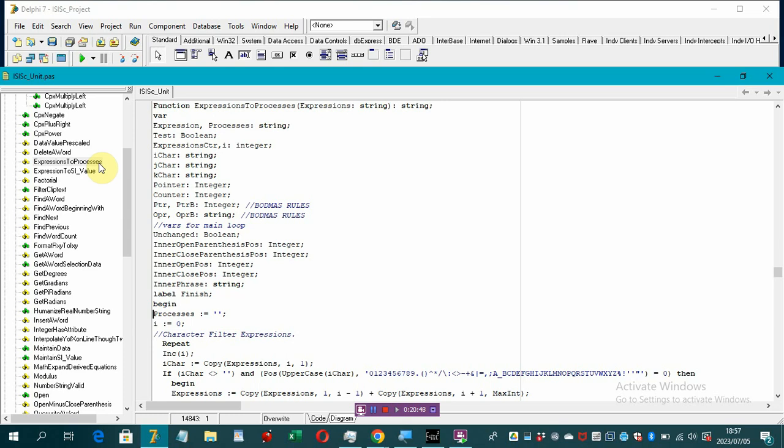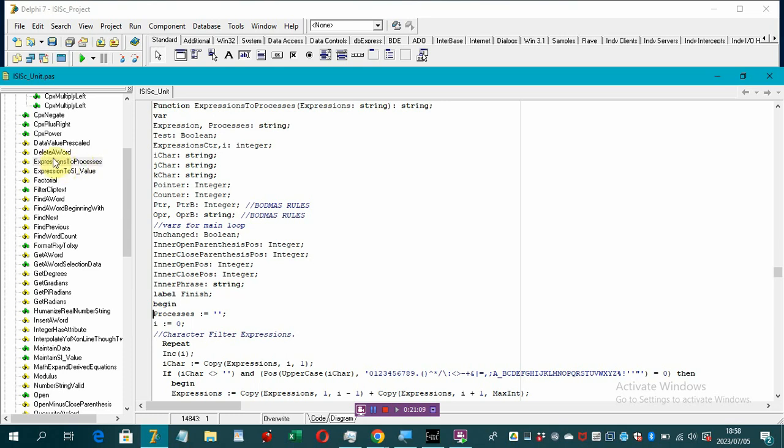So it can convert all your expressions in one go, on your source line, to RPN processes, or you can just convert one expression to one process, a series of keys.